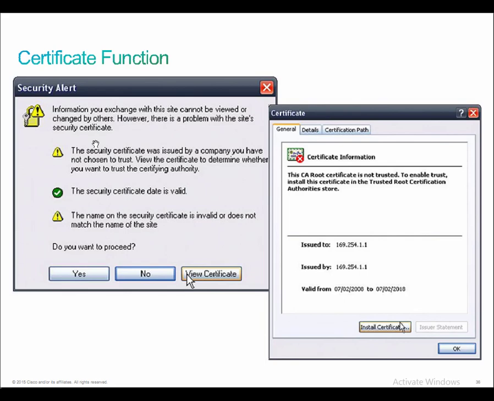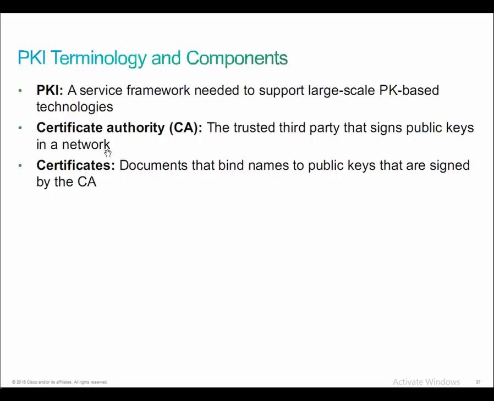Because the administrator trusts the physical cable links to the controller, that certificate can be accepted. It's more than that, right? We're also trusting that we know internally, based on the IP address and based on the fact that we actually configured that controller, that it is who it says it is, right? So we're not necessarily concerned about authentication. Same kind of concept that we see when we deal with SSH connections to routers and switches.